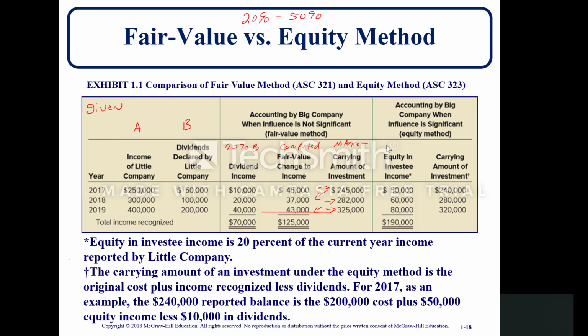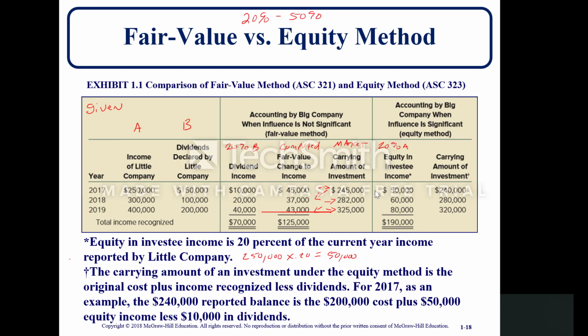Under the equity method, equity in investee income, the first column, is 20% of column A. So here it states equity in investee income is 20% of the current year income reported by Little company. Little company's income was recognized at 250,000 for 2017 times 20% gives you the 50,000.